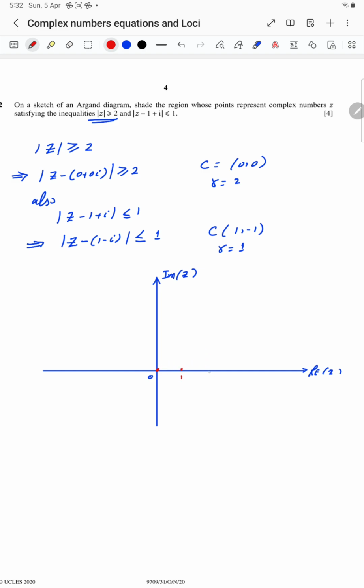Here we have 1, 2, and on the other side -1, -2, and the same on the vertical axis: 1, 2, -1, -2, and so on. First draw this circle. Center is 0, radius 2. One point is here, one here, one here, one here. The circle will be this.